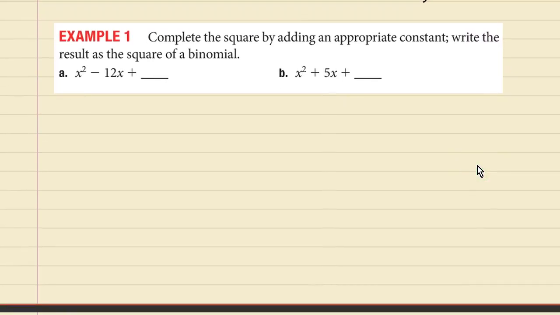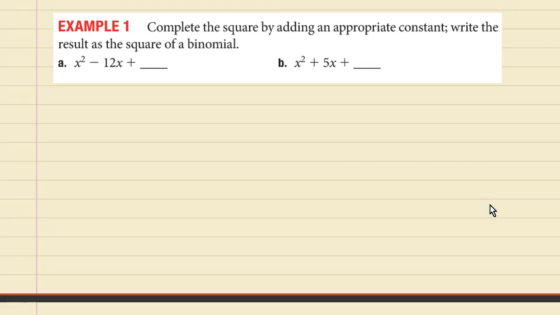I'll do this one. Don't need to pause it here. So what we're going to say is this, we want to make this of the form x squared plus 2 times p times x plus p squared. But we have to figure out what the p is first.